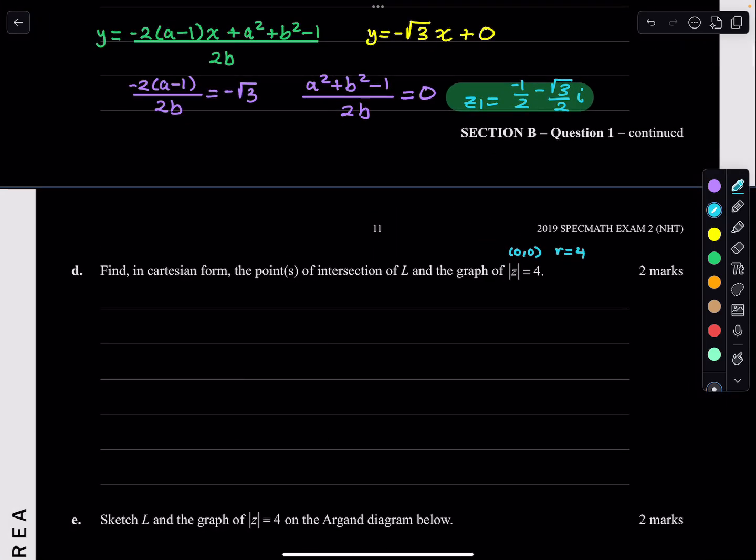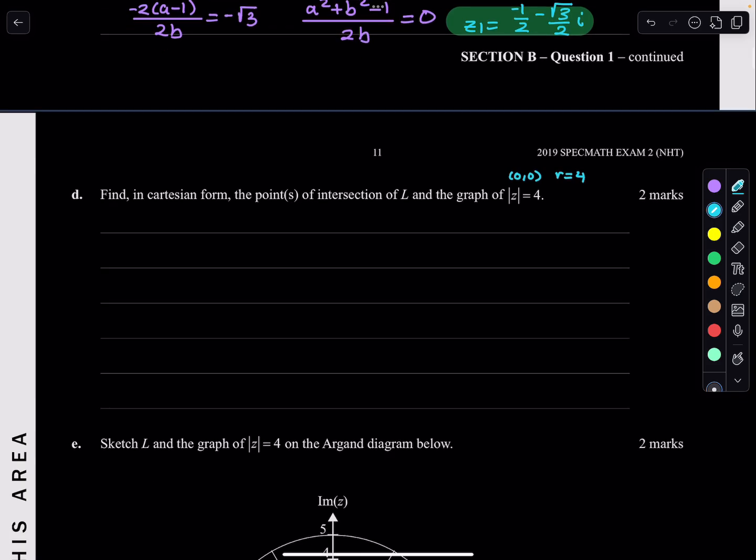So, of course, we already know how to find the equation. If it's at the center, it's going to be x squared plus y squared equals 16 in the normal Cartesian form, which represents this equation here. And, of course, we know the equation of the line L, which is y equals negative root 3x. We're just trying to find the point of intersection between these two.